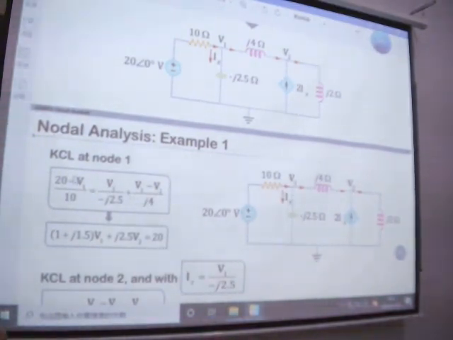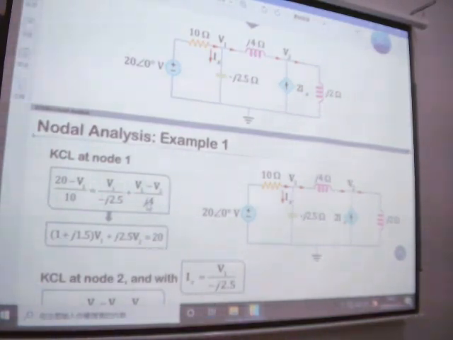Here, he didn't put the angle inside. And we know the angle means, what does angle mean? Angle means cosine theta plus j sine theta, right? If the angle theta is 0, it becomes cosine 0 and sine 0.